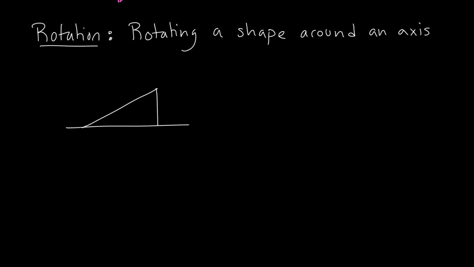I have my triangle on the axis. If I were to rotate this triangle around the axis, and the triangle were to leave a trail of solid, so anywhere that the triangle touches remains solid, what shape am I creating here?